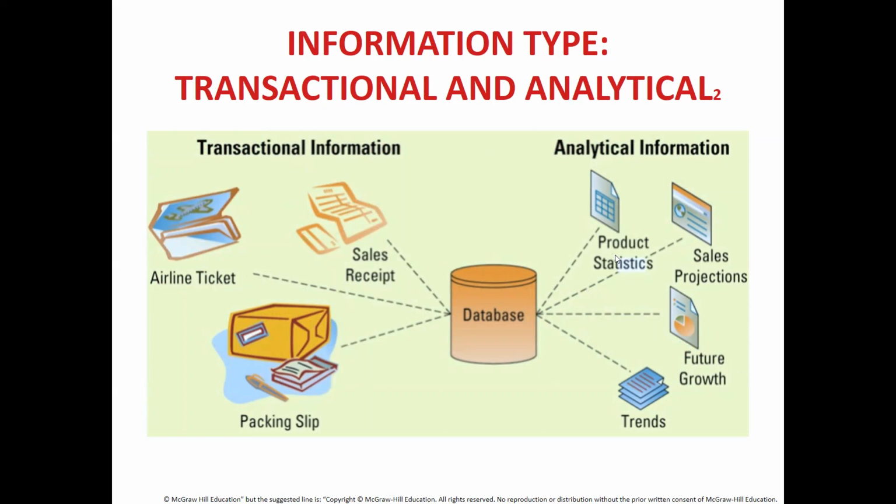So you have product statistics, sales statistics, and future growth and trends. And these all may assist a manager to make effective decisions so that the organization functions well at the different levels. Different levels would be the operational level, the middle level, and then the strategic level.